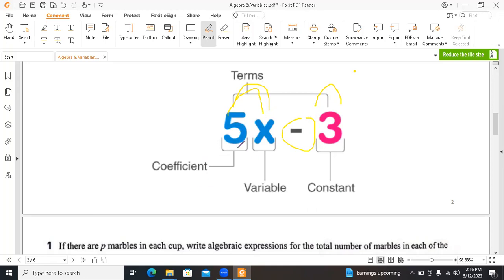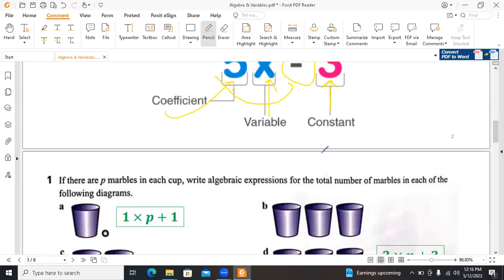Each term can be composed of a coefficient, the numerical part, and the variable. It could also be without any variable, a constant.